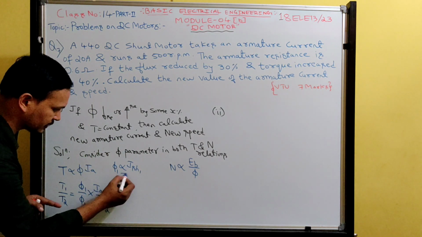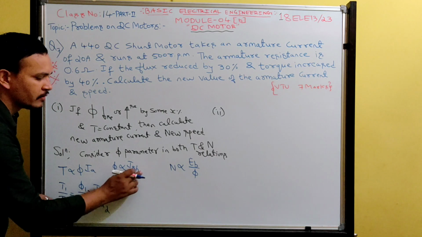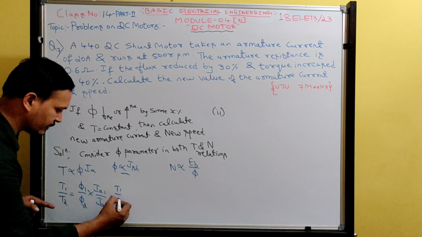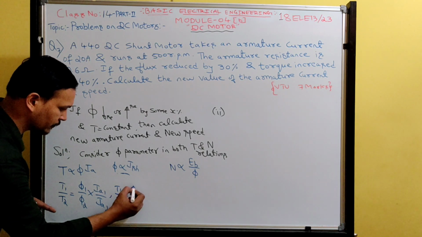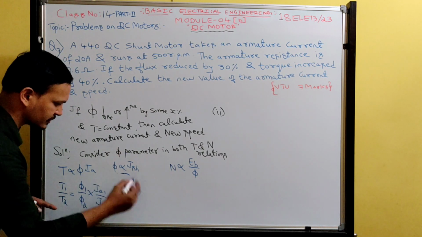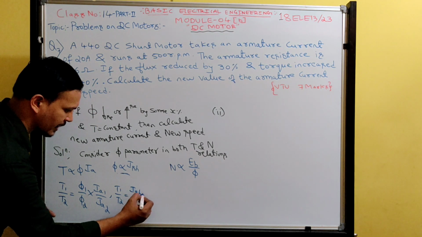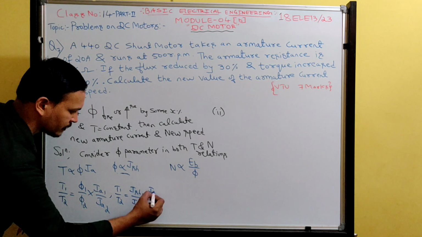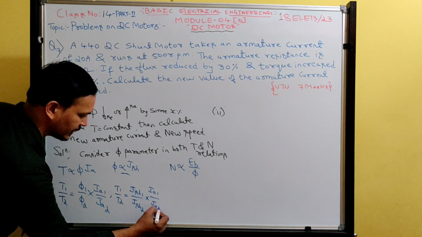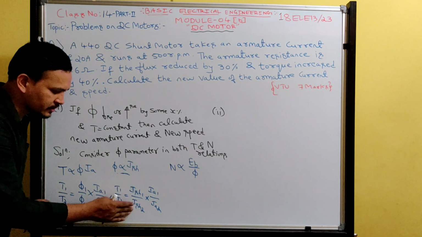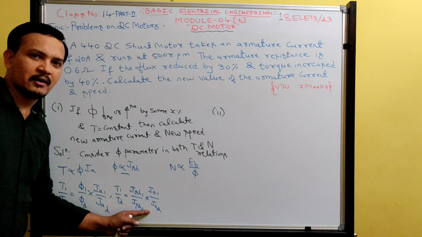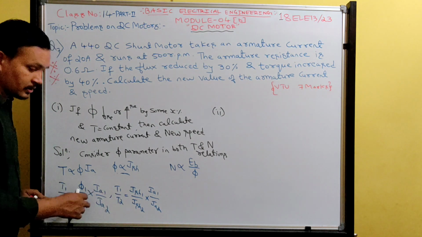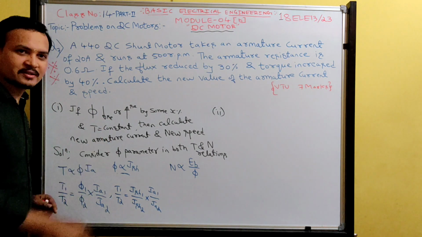Based on this, if the flux is proportional to field current, then we can write it the other way: T1 by T2 is equal to Ish1 by Ish2 into Ia1 by Ia2. They will give all other data. From this relation, you are going to find the new armature current.